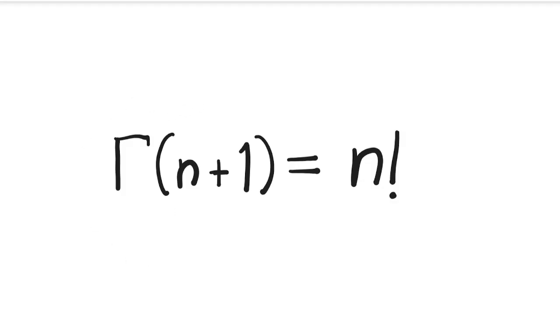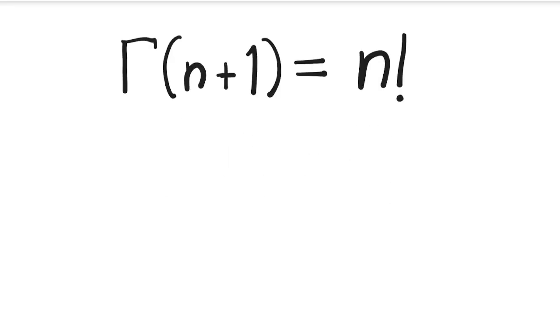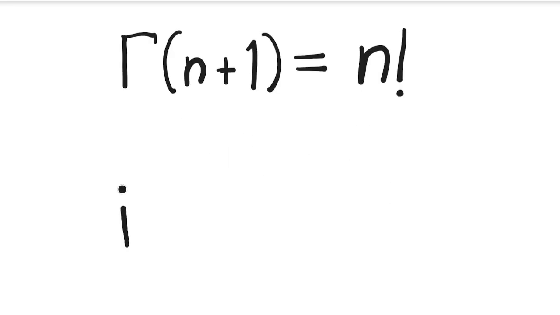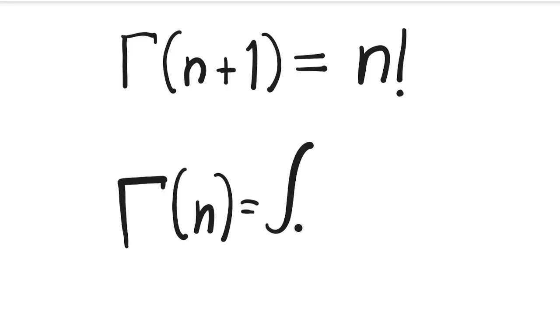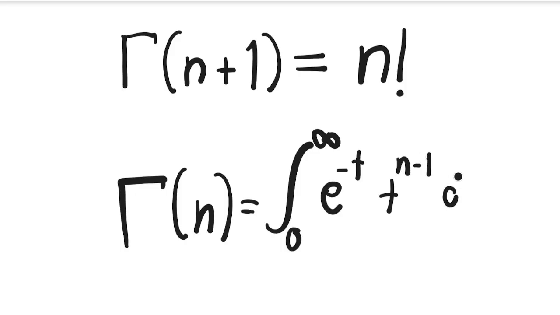This is the gamma function, and the gamma function is defined as: gamma of n is equal to the integral from 0 to infinity of e to minus t, times t to n minus 1 dt.